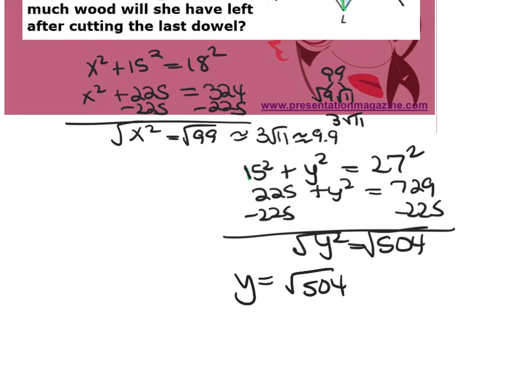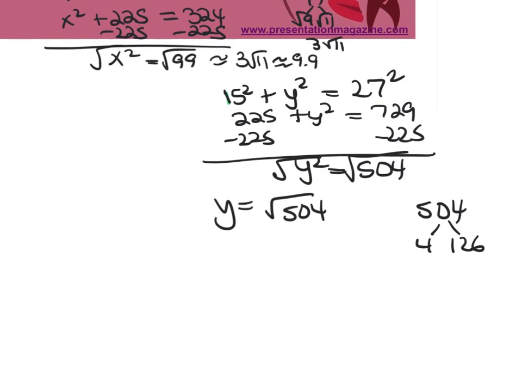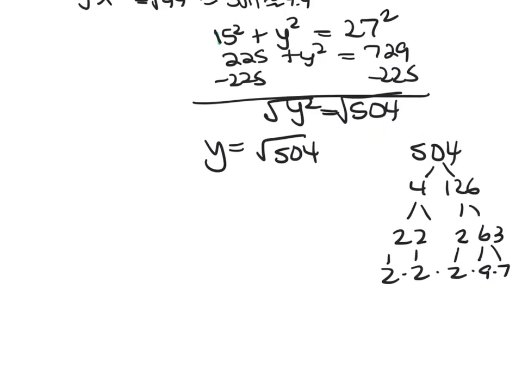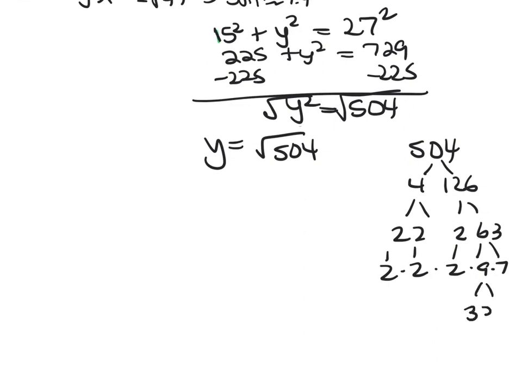Now, if it said to leave it in simplest radical form, I could do a factor tree. 4 times 126, 2 and 2, 2 and 63, 2, 2, 2, and then 9 and 7. And then break down the 9, 3 times 3.